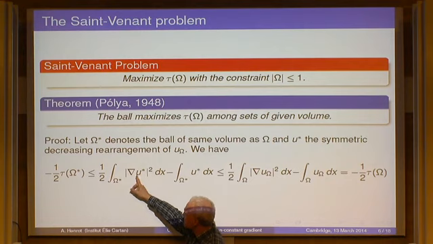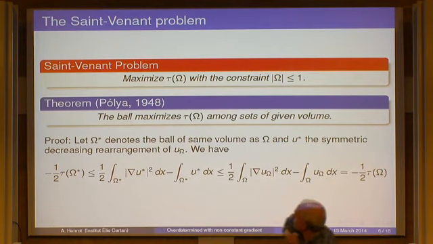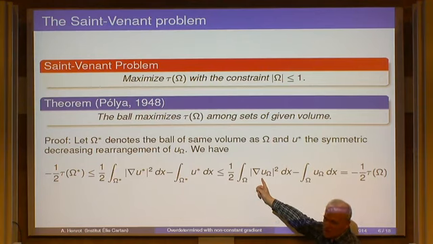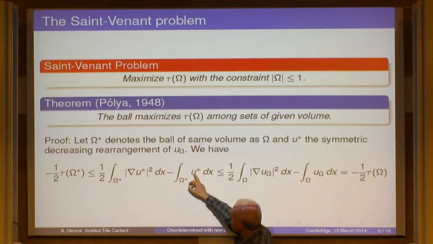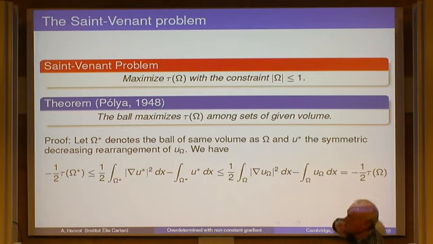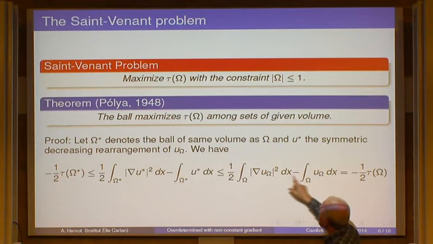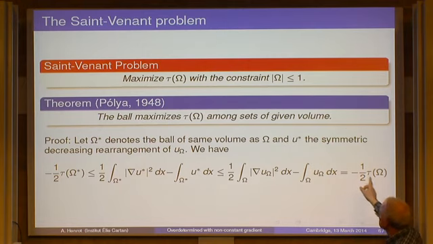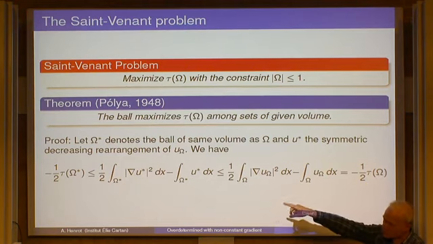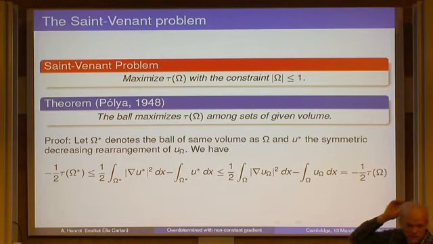The Polya inequality tells you that the Dirichlet energy of the rearrangement is less than the Dirichlet energy of the initial function, and equimeasurability tells you that the integral of u star is the same as the integral of u omega. Since u omega is precisely the function for which the energy is minimum, this is exactly equal to minus 1/2 of T omega. So you start from any domain omega and you have proved that minus its torsion is larger than minus the torsion of the ball, which gives you the result.